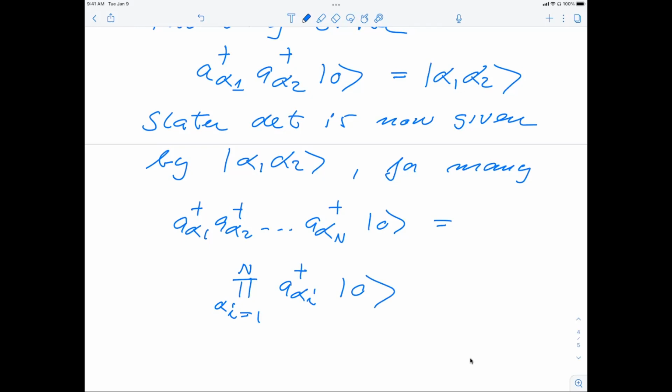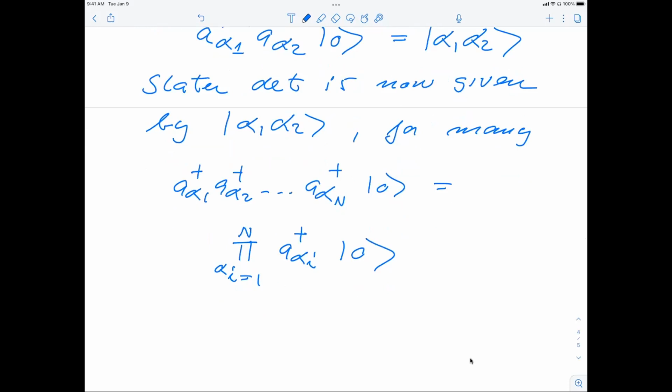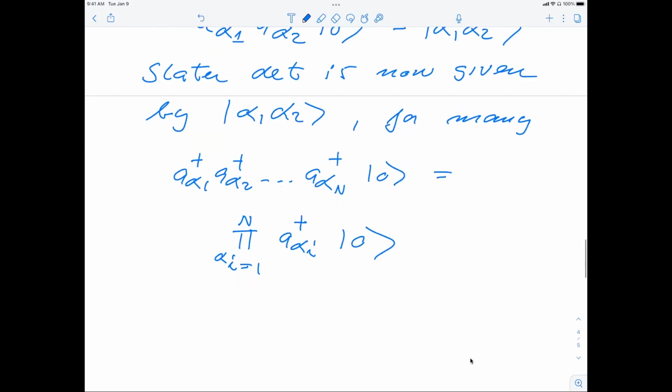Now, when you look at this definition, we haven't baked in any properties about the Pauli principle. Since we are dealing with a single particle basis, the consequence of the Pauli principle is that you cannot have more than one particle in a state. So we have now to define a rule here. So for this to represent a Slater determinant in this new space, which is normally called Fock space, we need to have the implementation of the Slater determinant.